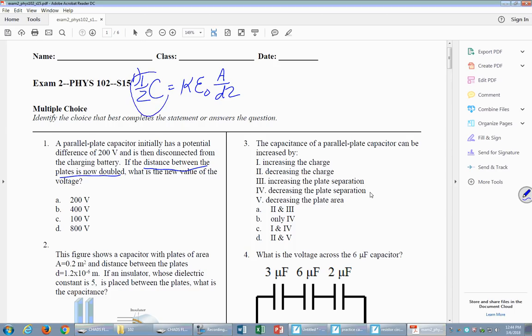Then ask yourself, is the charge remaining constant or is the voltage remaining constant? In this case, if they're disconnected, I have constant charge.